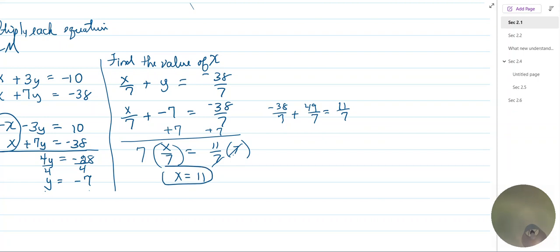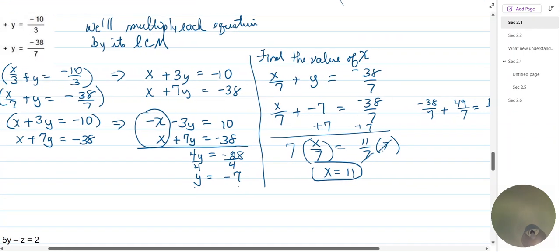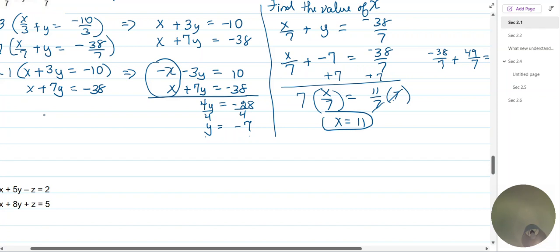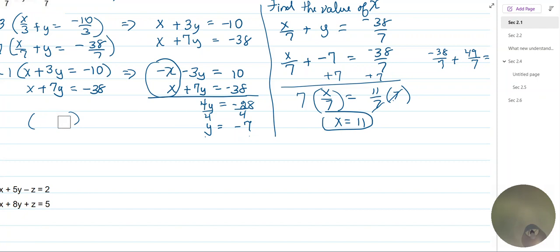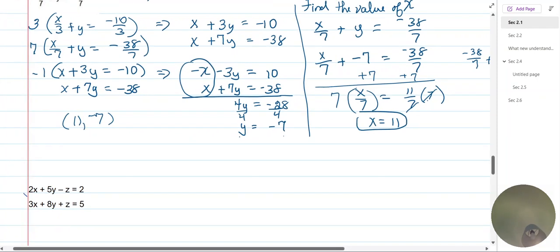All right, so now that I have that, then I have the ordered pair of negative 7 and 11. Oh, sorry, I have it in reverse. X is always first, and this is my solution set. Well, we're going to check it. Now, because this is a fraction, we're going to do it by calculator.